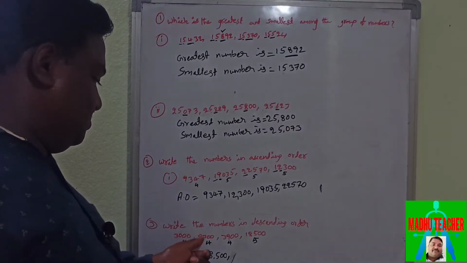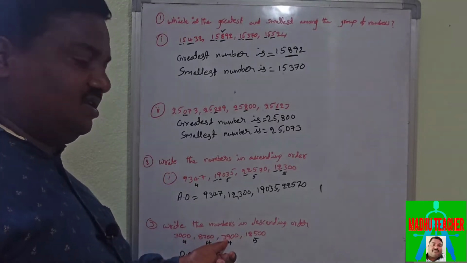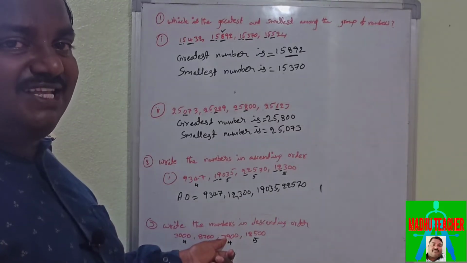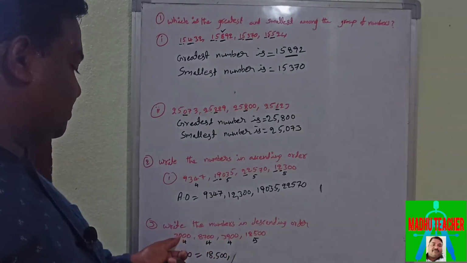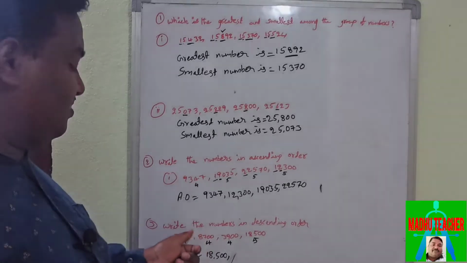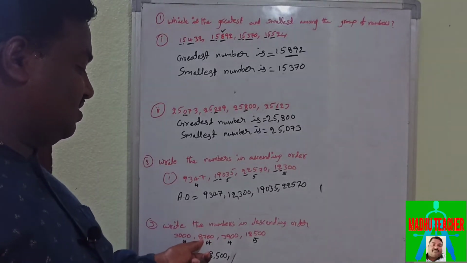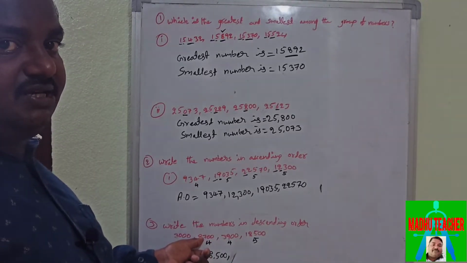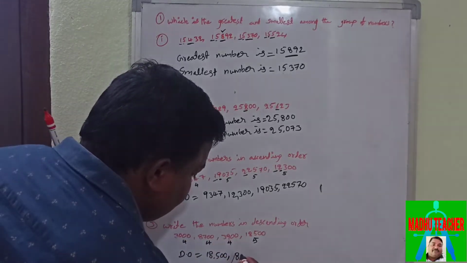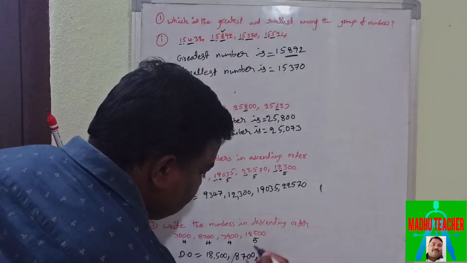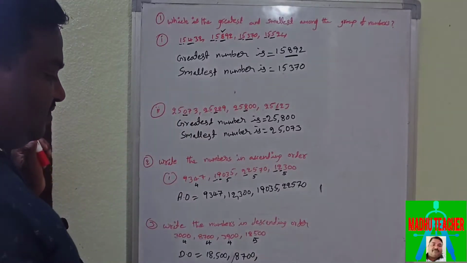So these 2 numbers have 3 and this has 8. So we can say that this is greater than these 2 because it has the greater digit 8 in first place. So 8,700 is the greater number.